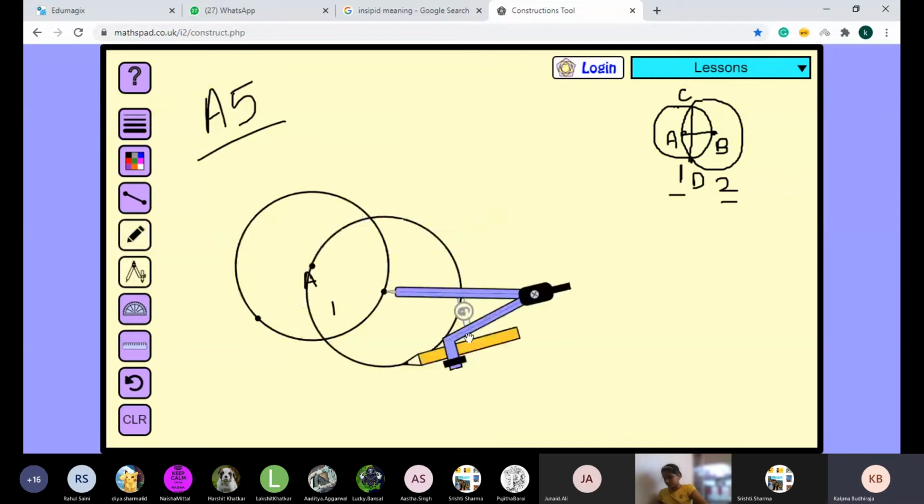So this is my second circle, and now let us label it. This is point B, where I had placed the needle. The point of intersection here is C. This point of intersection is D.